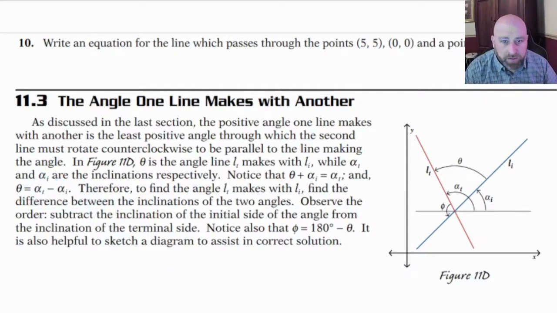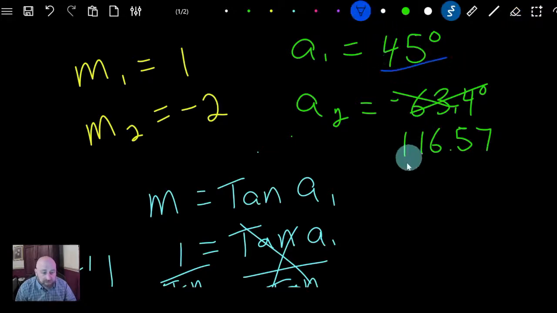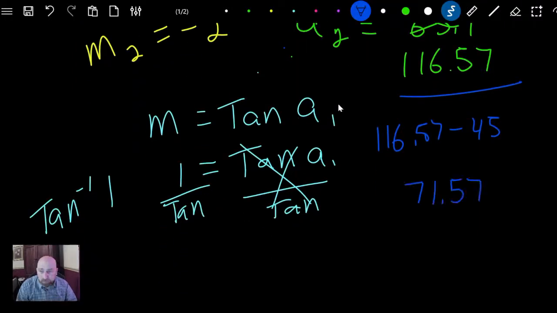Going back to this problem, we take our 116.57 and subtract our first angle, 45. Go to your calculator and hit minus 45. That equals 71.56, or 71.57. That would be our answer. We would probably want to round that off to one decimal point, as I talked about in yesterday's lesson.